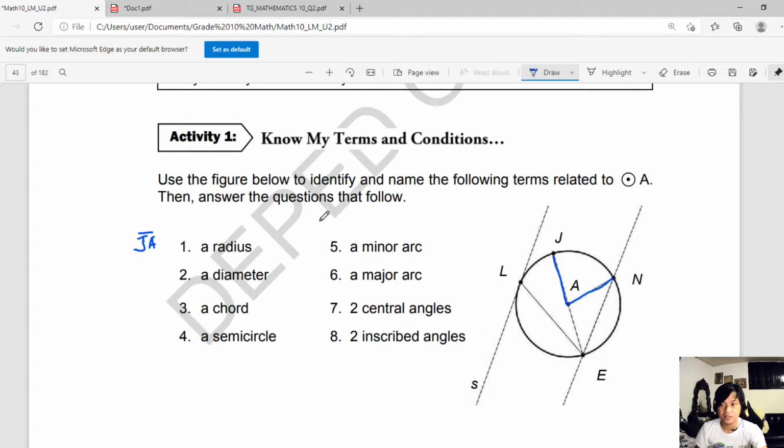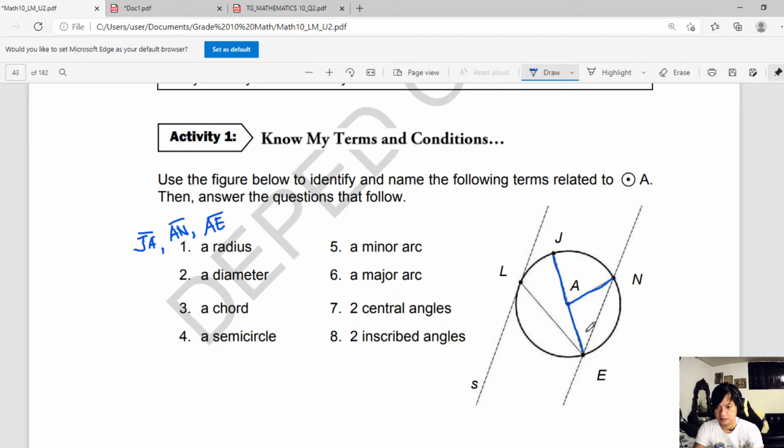So pwedeng ganon kasi end to end. So pwede ito siyang segment AJ or segment JA. So meron din tayong segment AN is also a radius. What else? This one, AE is also a radius. So pwede rin ganito segment EA, NA, or AJ. So yun yung radius.